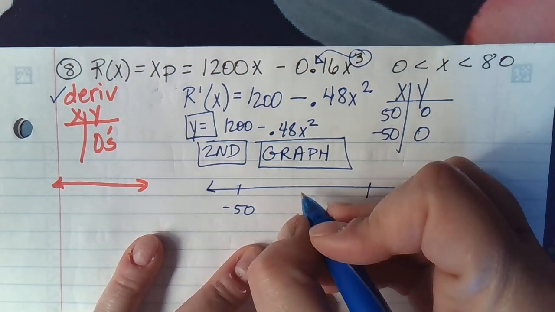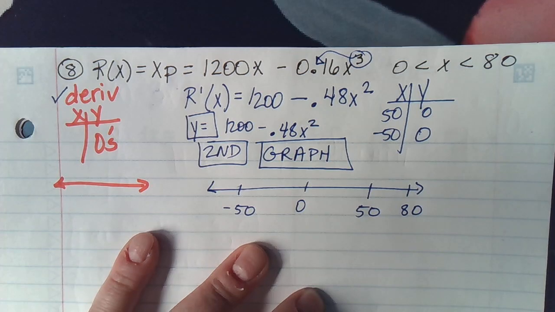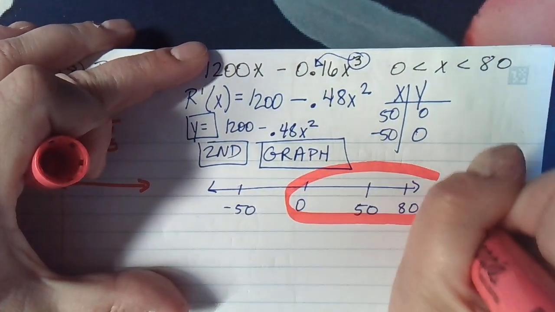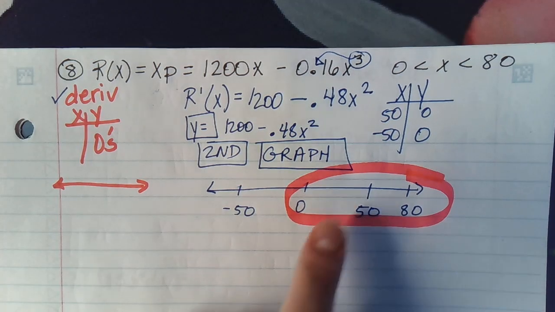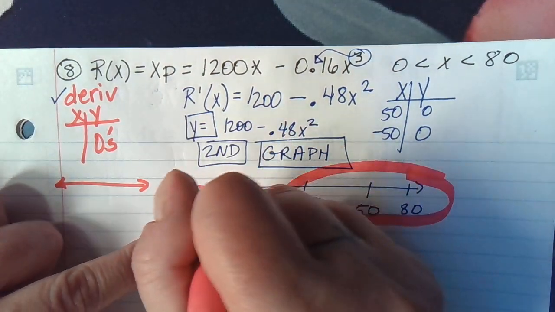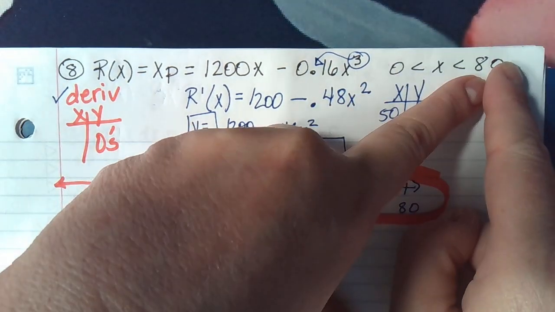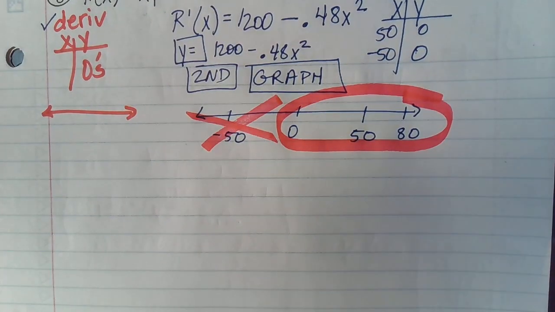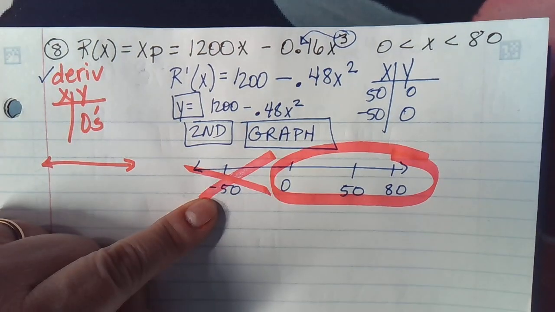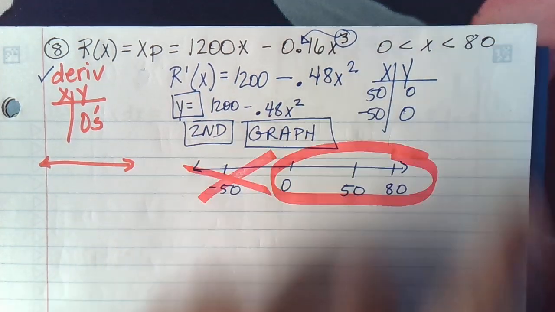So it's like we're only looking at this part of the number line from 0 to 80, which means that negative 50 gets thrown out because it's not from 0 to 80. So we're not using a number line with negative 50 on it because that negative 50 is not in between what they told us, 0 and 80.